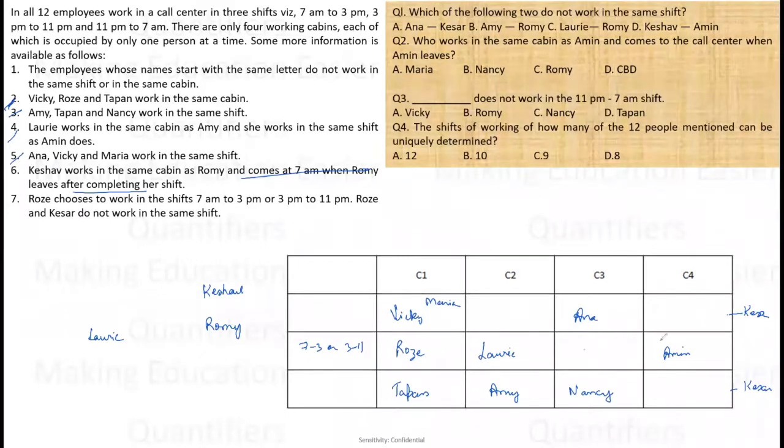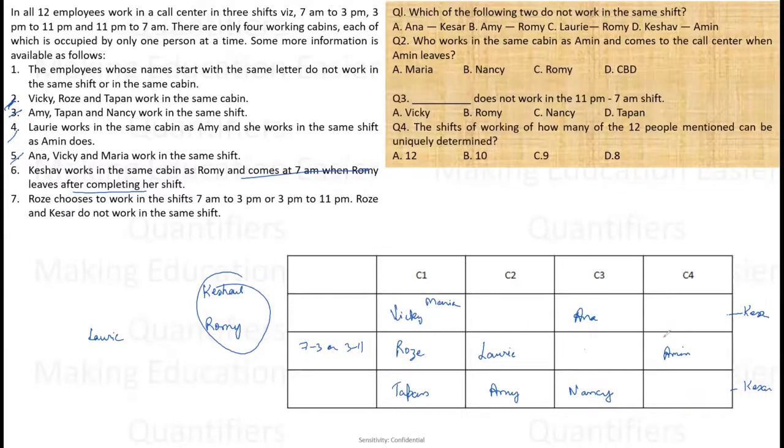Then now two people who will come in the same row are Keshav and Rumi, right? And Rumi cannot come. Okay, so Keshav and Rumi. Keshav can come here. Rumi can come here. Maria can come here, and then okay, no, it is not possible. Why? Because then Kesar has to come between these two.